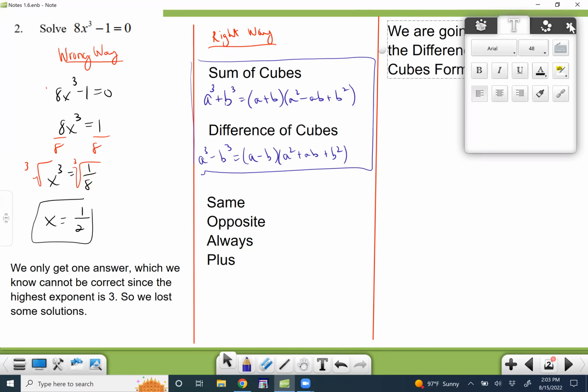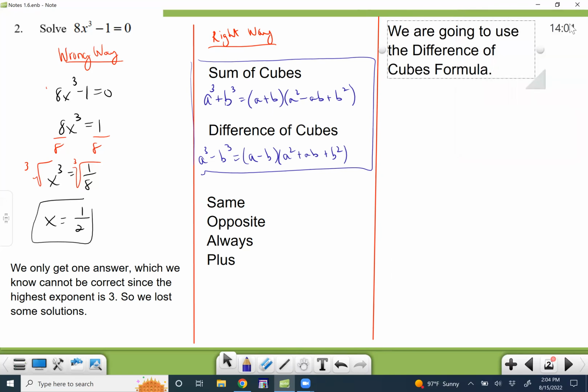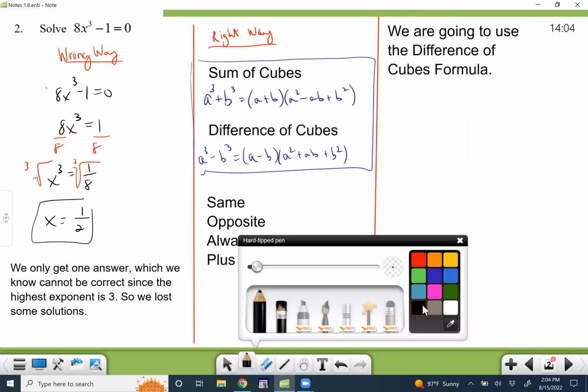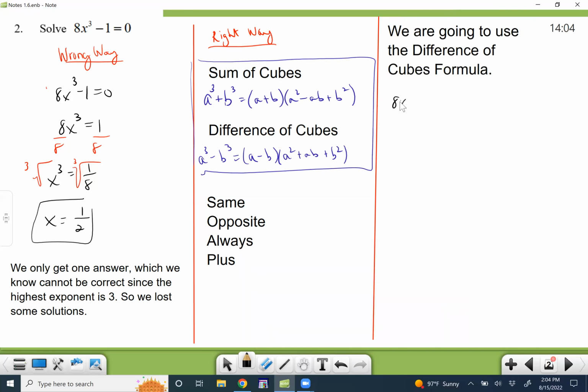All right, so for the difference of cubes formula, you know that you have to rewrite your equation so that it looks like something cubed minus something cubed. Ours doesn't quite look like that yet. So I need to figure out what cubed minus what cubed, okay?